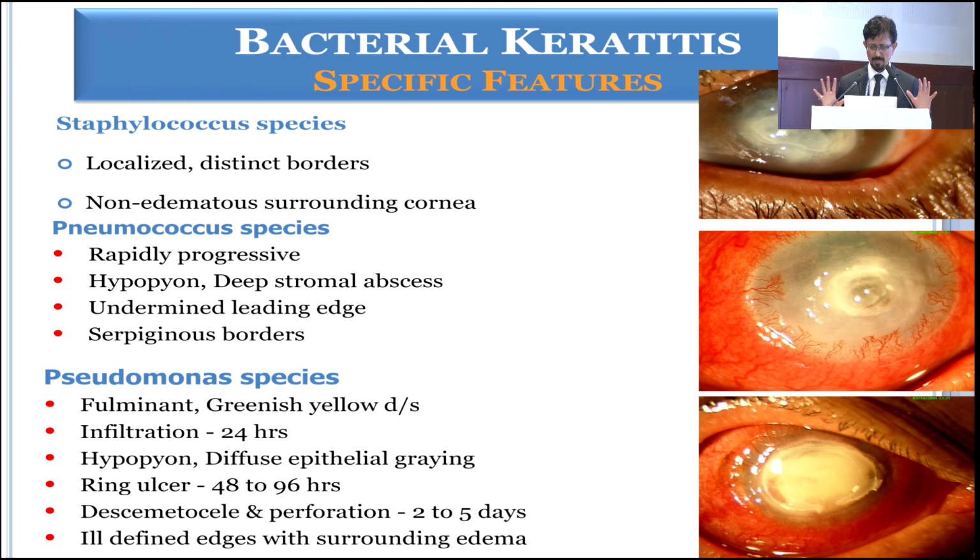If it's a fulminant greenish yellow discharge, rapidly proliferating ring ulcer, which is fast growing and progressing, plus if you have an ulcer infiltrate with surrounding edema, that is again suggestive towards Pseudomonas species with a history of use of contact lens.